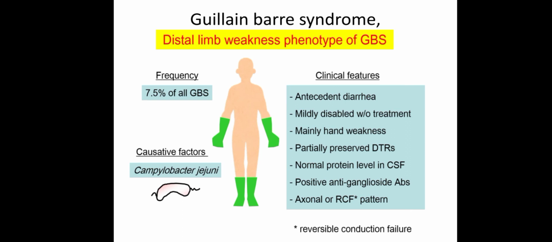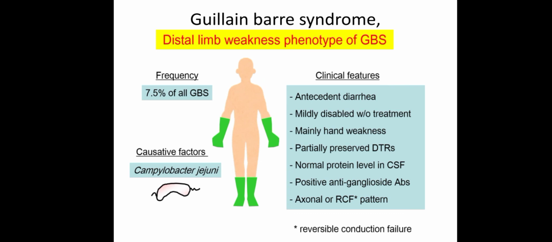Guillain-Barré syndrome. In this diagram, you see in green color the distal limb weakness phenotype of Guillain-Barré syndrome, or GBS. Frequency of disease is 7.5%. Causative factor: Campylobacter jejuni.